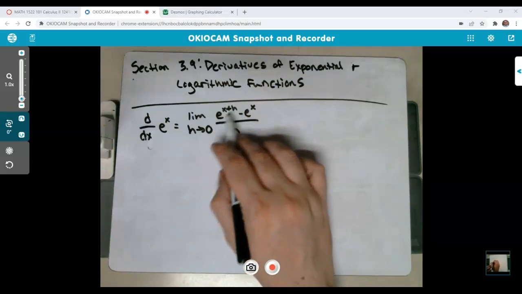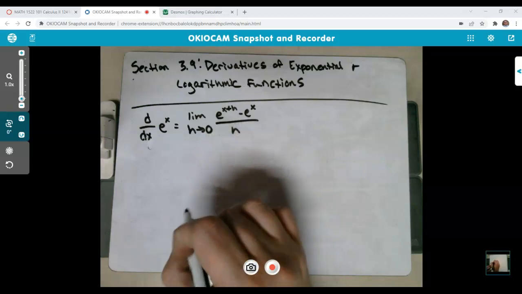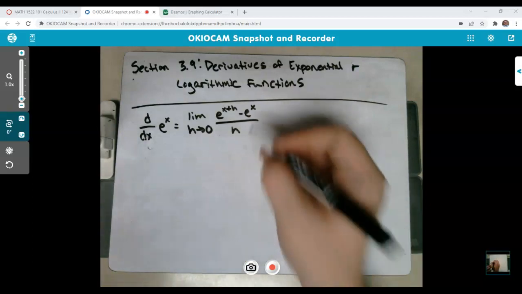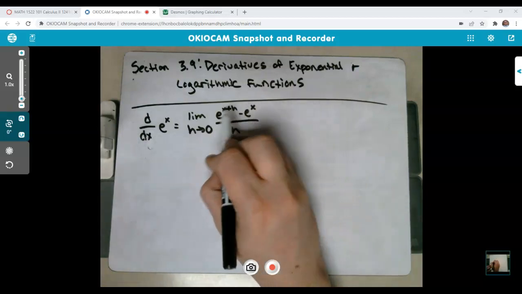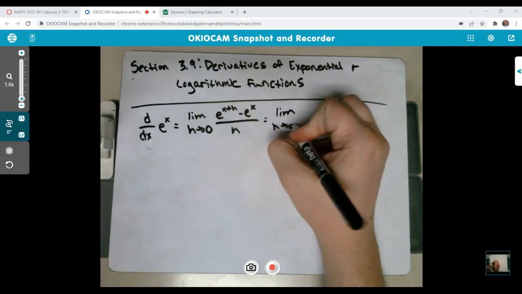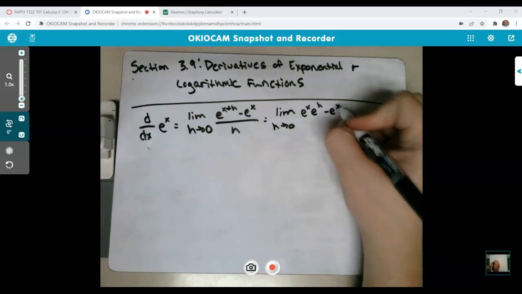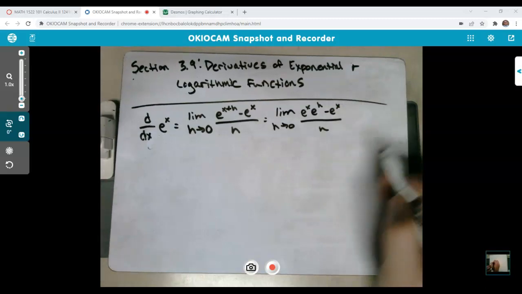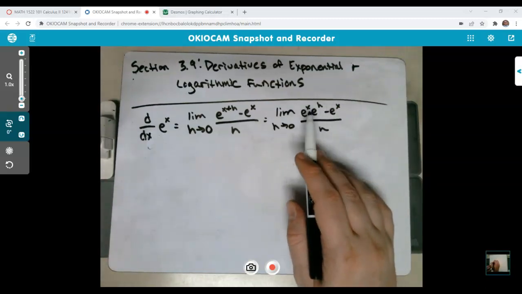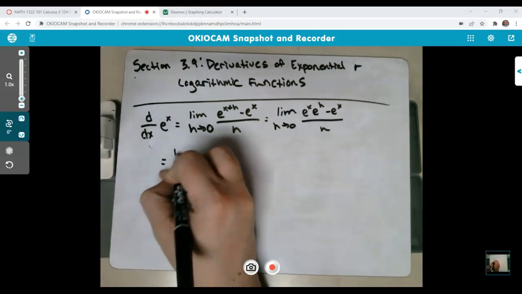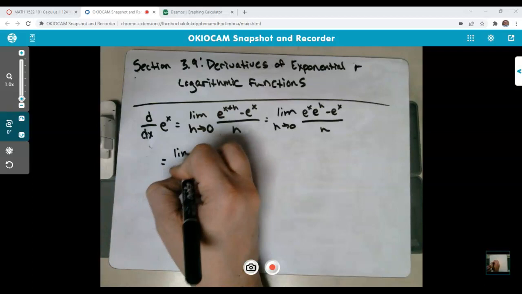Using our power rules for exponents, we can rewrite that. Since we are adding them, we can write that as e to the x times e to the h minus e to the x all over h. Both of these terms on top have e to the x, so we can factor that out: e to the x times e to the h minus 1 all over h.